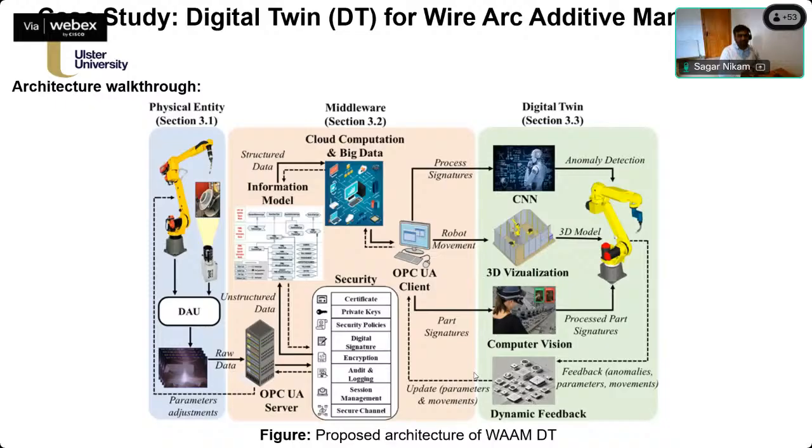Here the replica of the robot cell is built. This 3D model was built in the Unity software. Based on the physical entity and the information sent by the middleware, the robot's current position is determined, and the camera will also help detect defects in it.